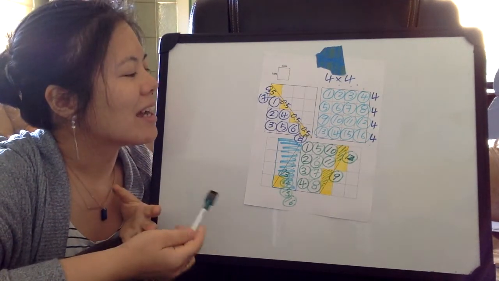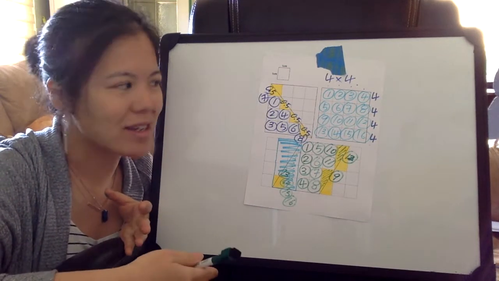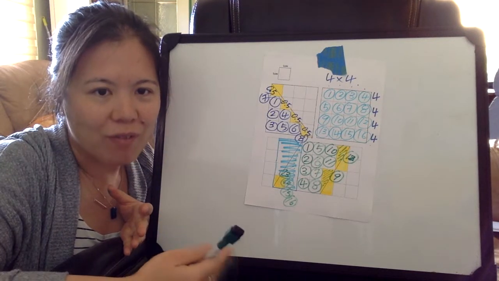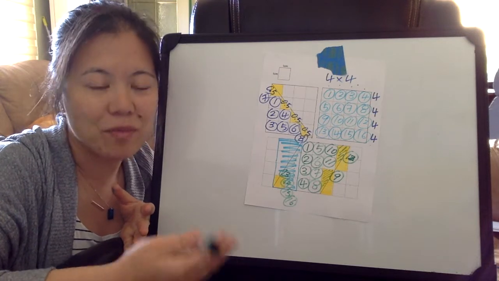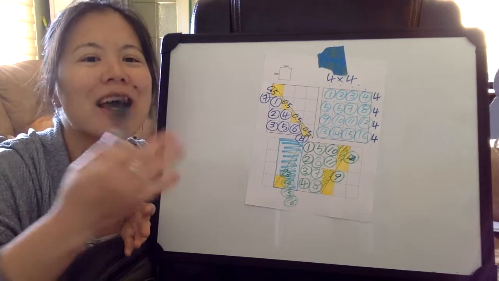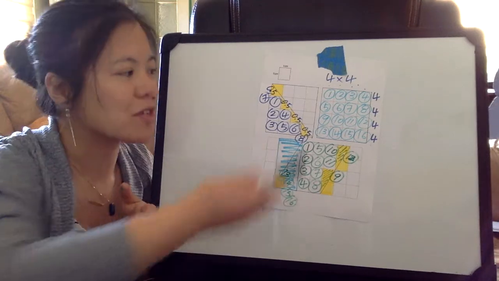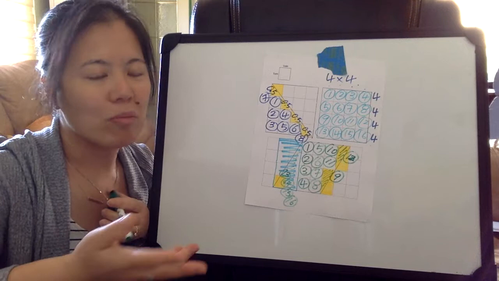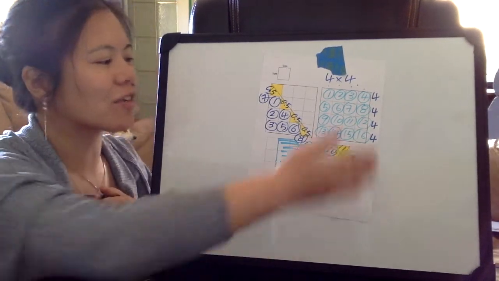So if you are trying to get into the rhythm of thinking about areas and how you can prove why the formula of length multiplied by width works for squares, rectangles, and parallelograms, and length multiplied by width divided by 2 for triangles, you could create a sheet like this in your notebook, or you can do that on an Excel spreadsheet or Google spreadsheet, and you can figure it out.